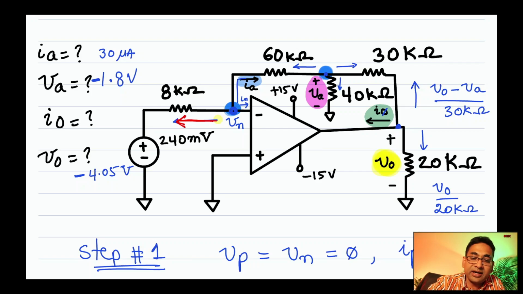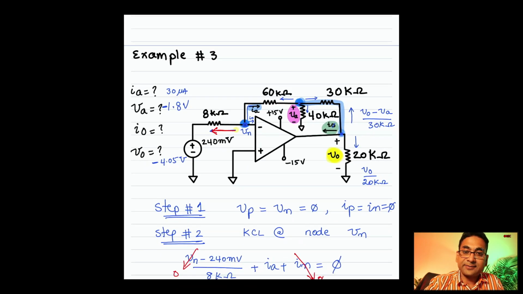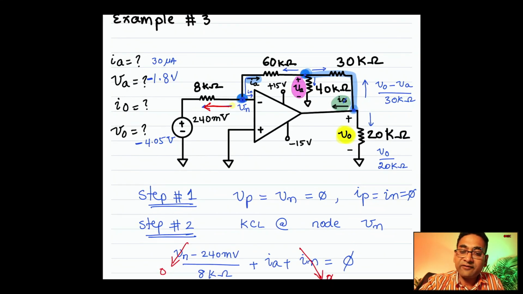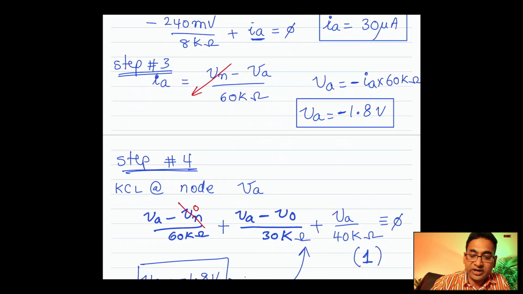Remember we are looking at this node and that node. The current going in this branch is VO minus VA over 30 kilo ohms, and then of course there is the current IO going in the westward direction.